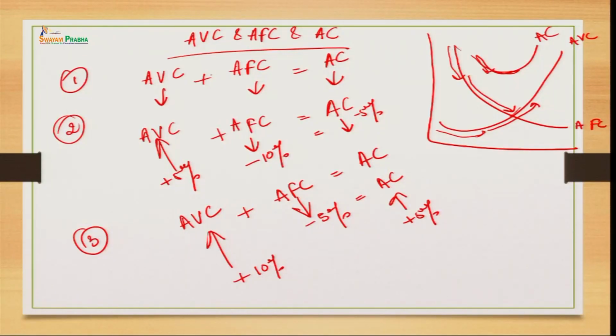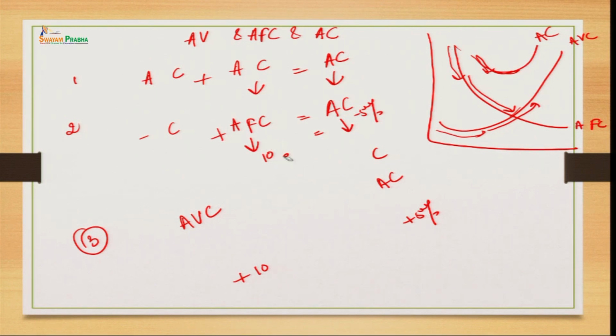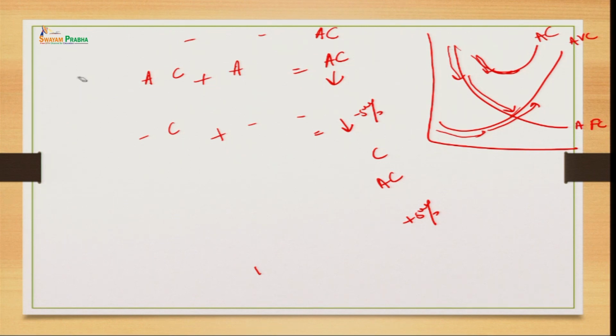So, for now I hope you are clear with the relationship between average variable cost and average fixed cost curve as well as with the average cost, right. So, I will rub out this discussion to understand the relationship between marginal cost and average variable cost, right.